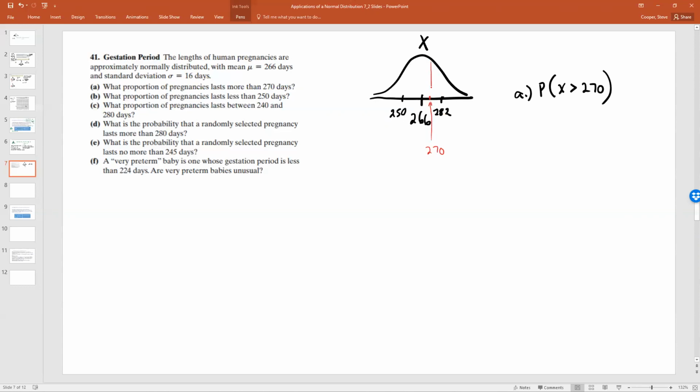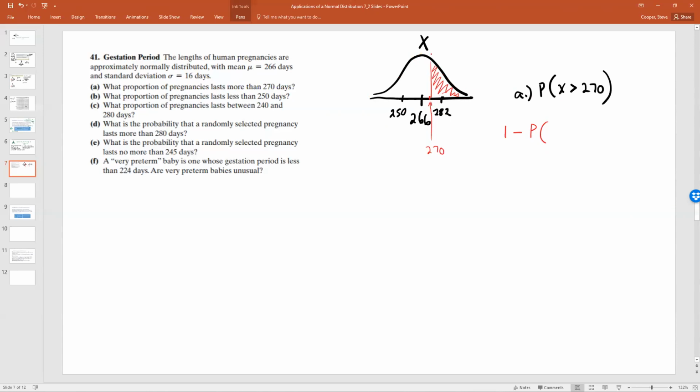But this is different. This is asking what proportion lasts more, so that's the area to the right of the curve. Well, we don't know that, but we can take 1, the total area, minus the probability left of the curve.